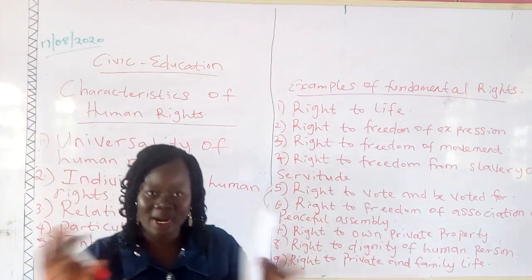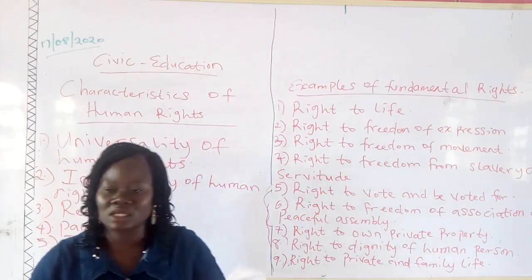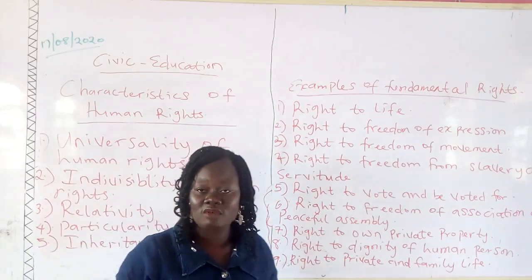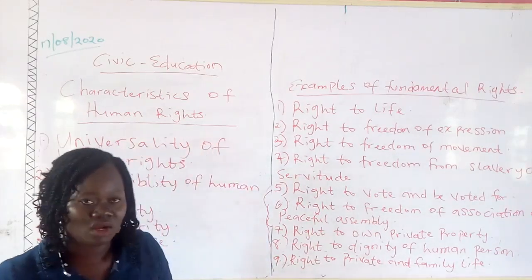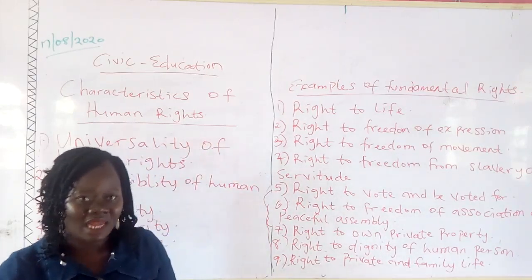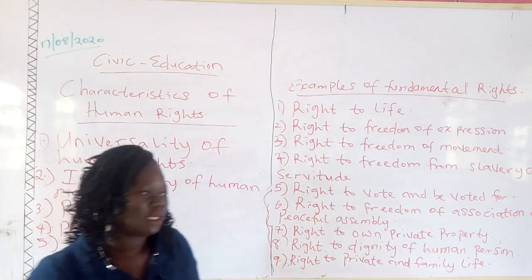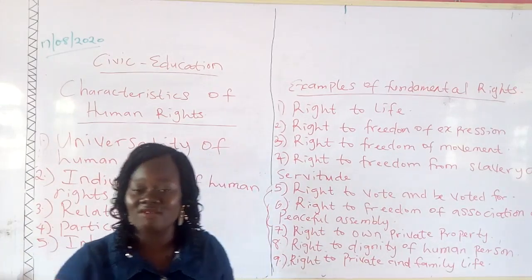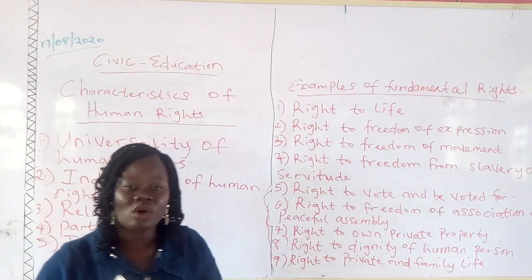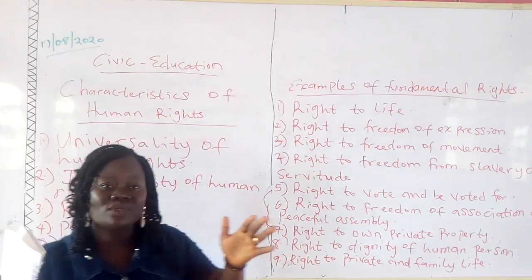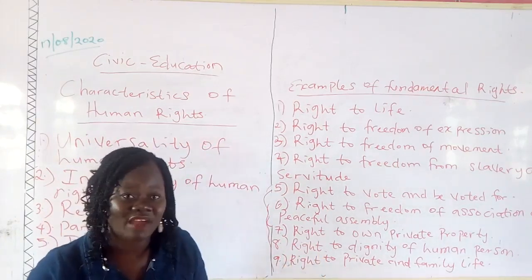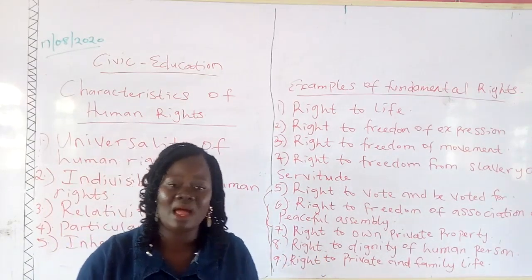It has to do with trade, with us engaging in business, gaining profit, and so on. Examples of such rights are the right to work, the right to employment, the right to dignity of labor and the human person. And lastly, the environmental rights have to do with our environment, having a conducive and suitable environment for us to live and survive in as citizens of a particular country.